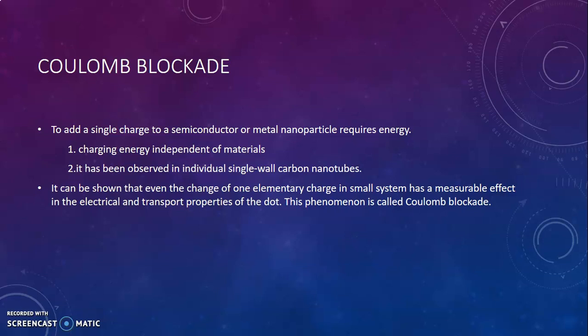It can also be shown that even the change of one elementary charge in a small system has a measurable effect on the electrical and transport properties of the dot. That phenomenon is said to be the Coulomb blockade. This is a very important thing to add when you are talking about Coulomb blockade.